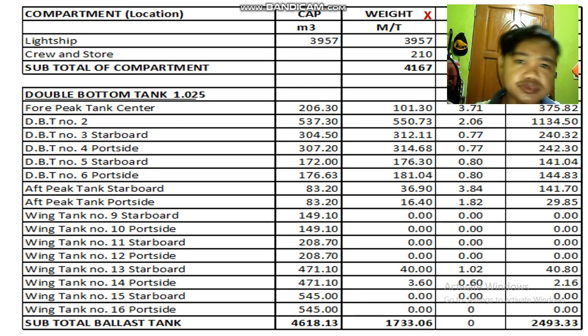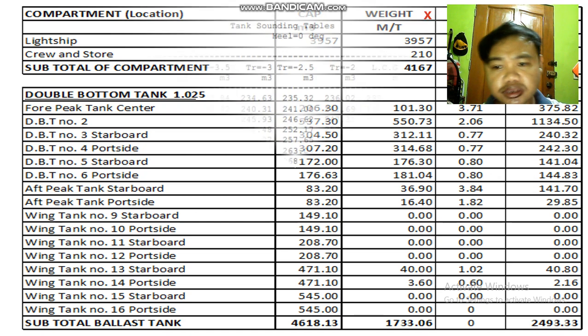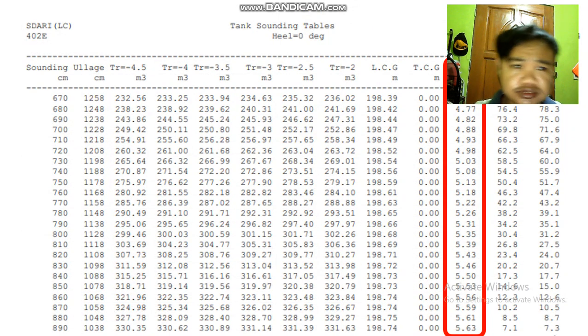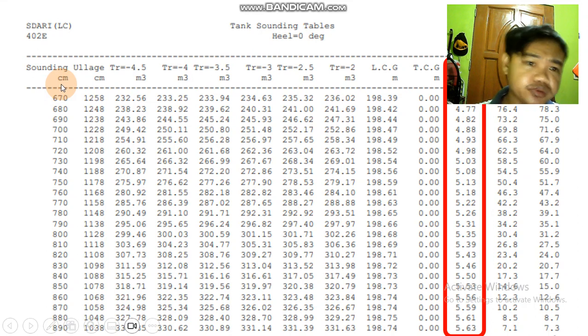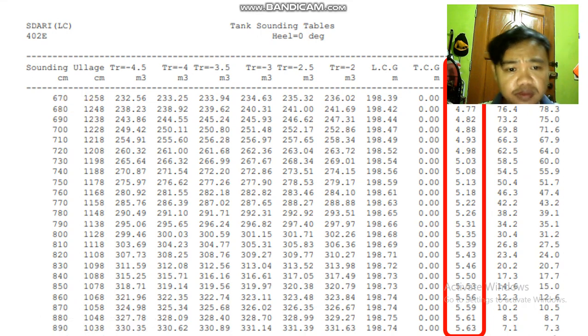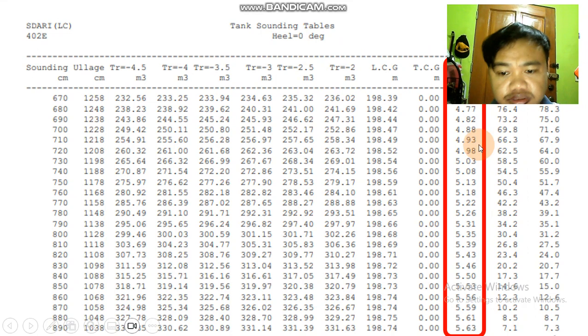When we say tank, we have a different booklet for that, entitled the tank sounding tables, where you can see in this example the sounding. When we say sounding, we measure how much liquid is inside the tank, and after that we trace the vertical center of gravity.